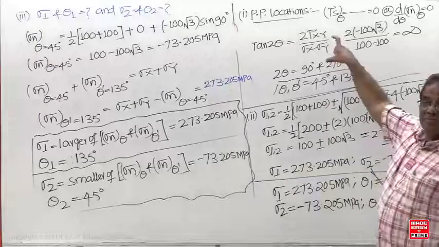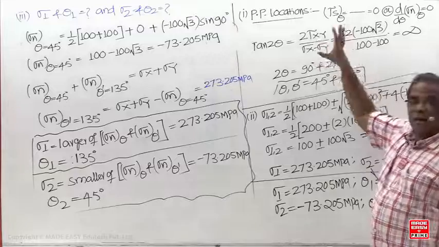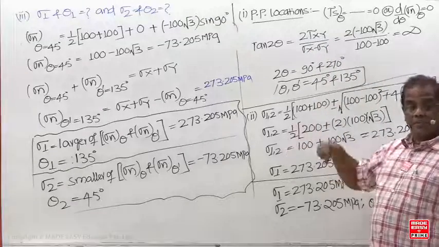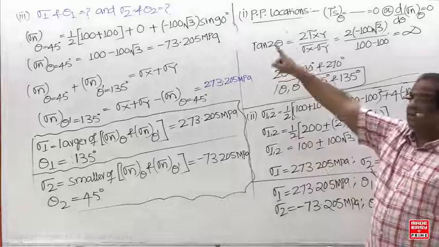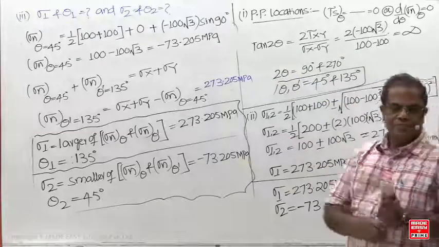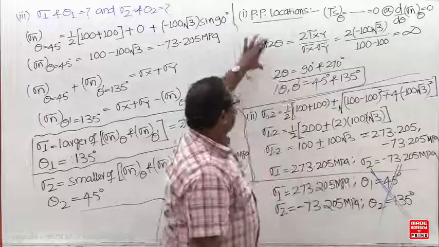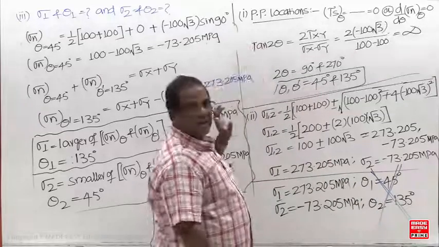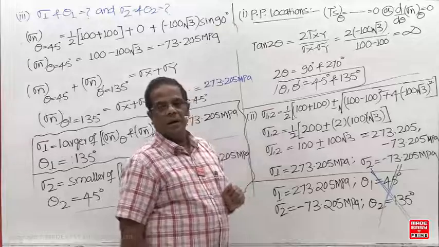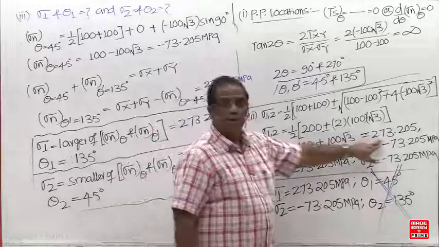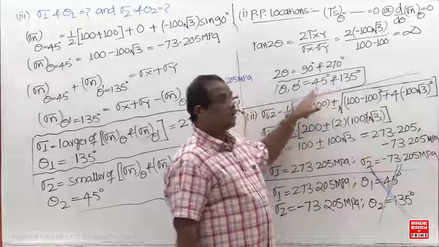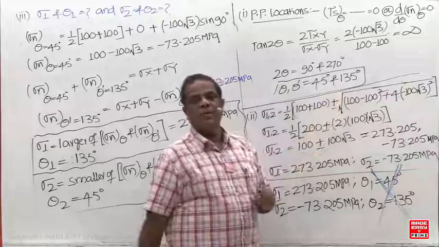That's why I mentioned this equation should be only for the principal stress. But if you ask for the principal stress and principal plane, this is compulsory. This is an independent calculation. There is no direct correlation. This 273.205, whether it will exist on 45 degrees or 135, we don't know.